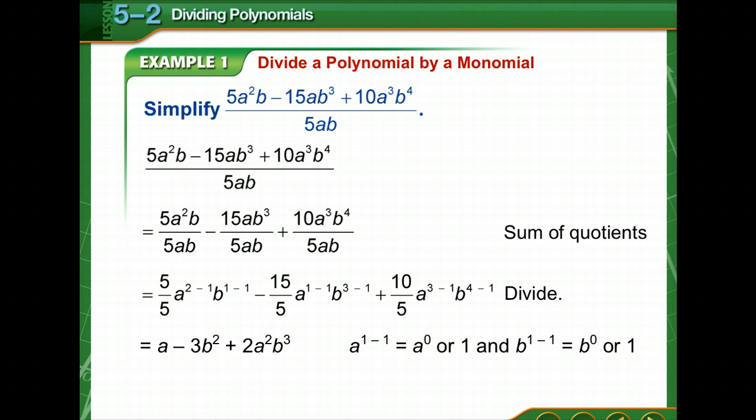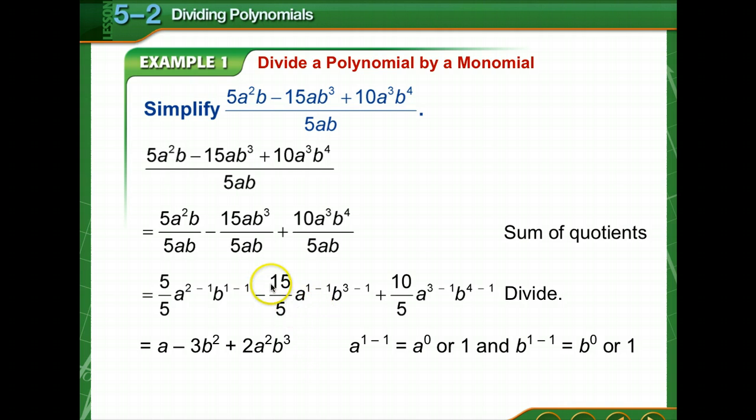And then 5 over 5 is 1, and 2 minus 1 is 1, 1 minus 1, oh, anything to the 0 power means it's the number 1. I don't know if you remember that, but anything to the 0 power is 1, so b to the 0 power is 1.